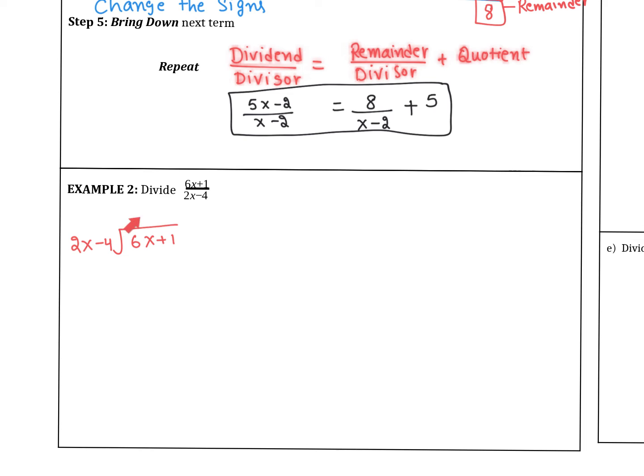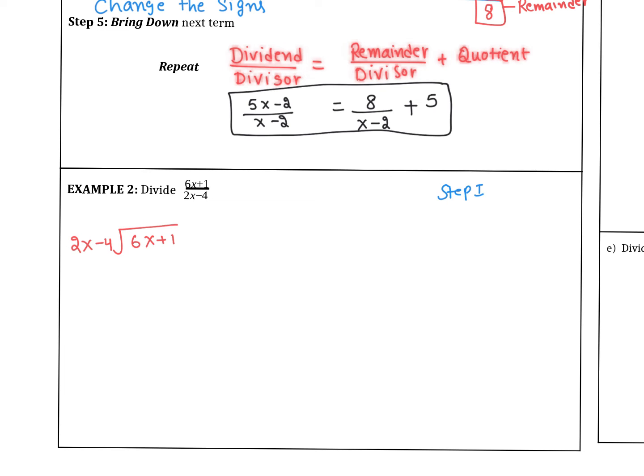You're going to decide what you need to multiply here to get 6x as a first term. You can do this step by step, or you can use logical thinking. What do I multiply with 2x to get 6x? That is going to be 3.